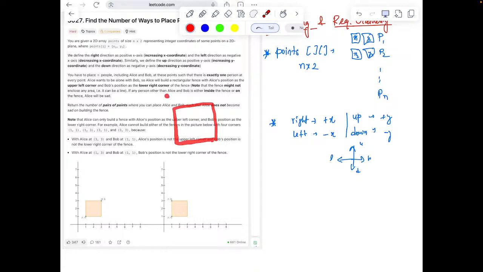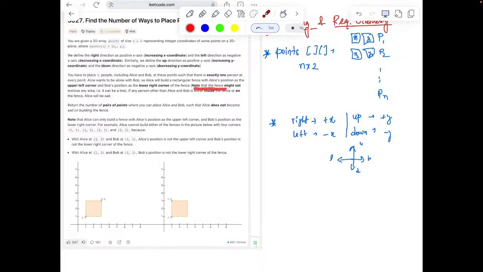Upper left is this corner. So here there will be Alice, and Bob positioned as the lower right corner. So this is our Bob. And what next? As the lower right corner of the fence, right?